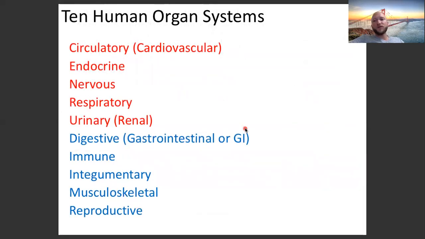In this class, we're going to focus mainly on 10 organ systems. Five of them are going to get a lot of time, and five of them are going to get less time. In this class, we need to cover everything that the state tells us to cover. We need to prepare our students for their next step. Most people who are taking this class, their career path is they're going to have a patient in front of them.